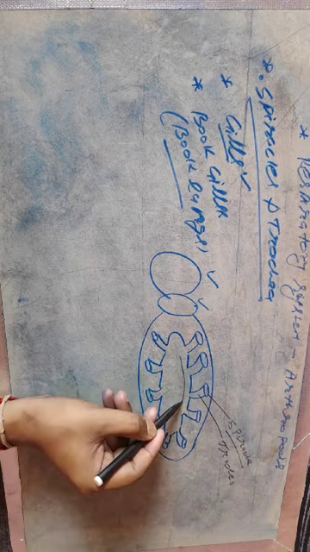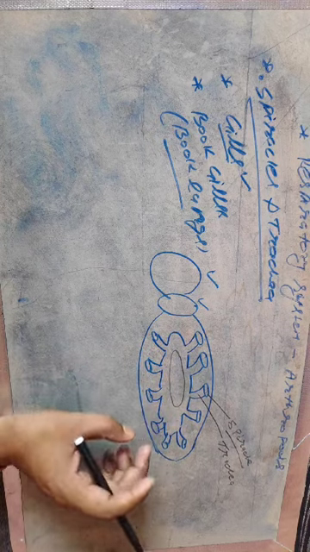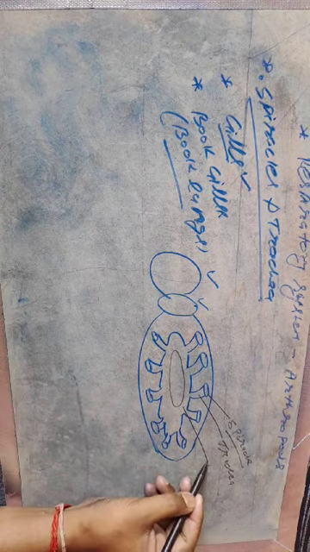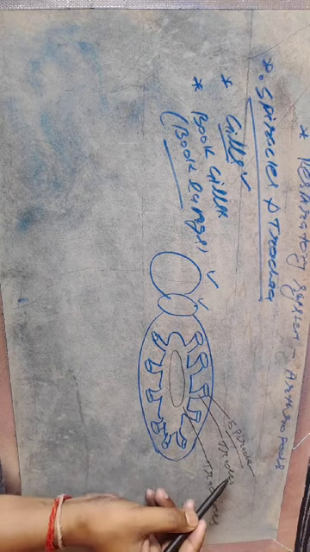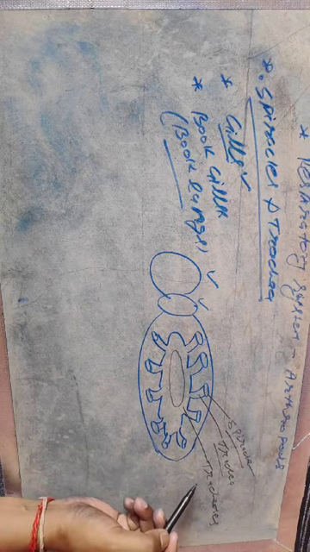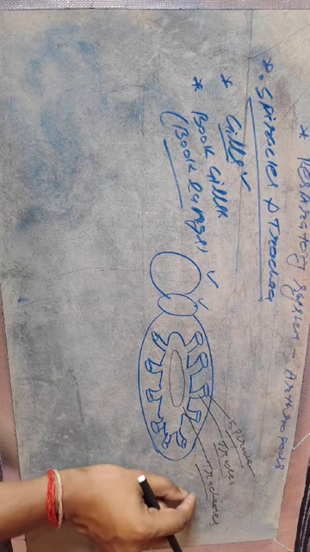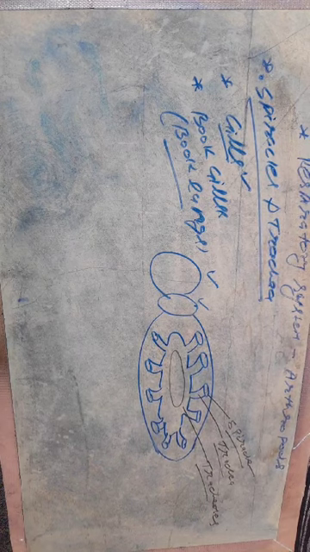The trachea further bisect into a network of tiny spaces known as tracheoles. So spiracles are the openings, and the trachea are the tubular connections of the spiracles, which later divide into many little tubules known as tracheoles.